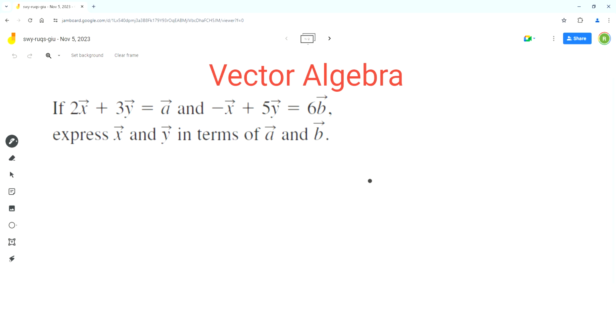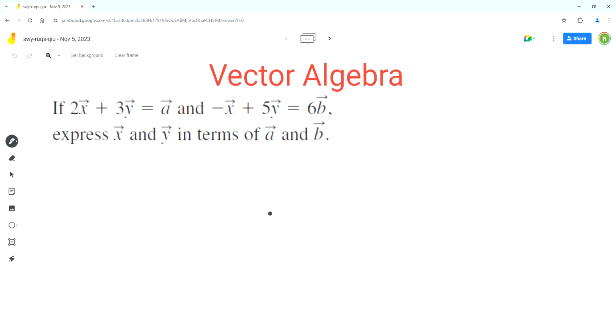So in this video, we'll solve this problem using the concepts of vector algebra. As per the problem, if 2 vector x plus 3 times vector y equals vector A and minus vector x plus 5 times vector y equals 6 times vector B, express x and y in terms of A and B. So we are given these two equations for vectors x, y, a and b, and we have to find the values of vector x and vector y in terms of vector a and b.